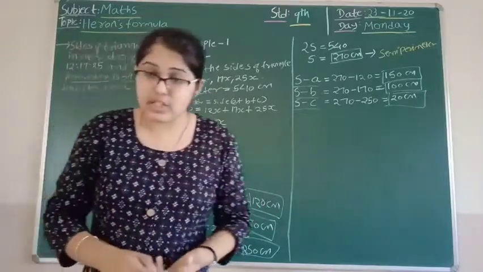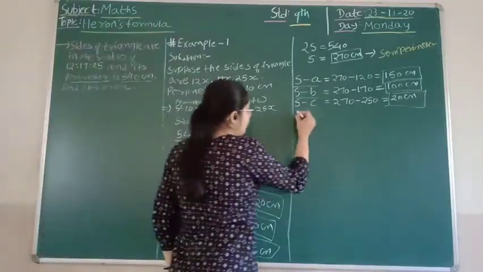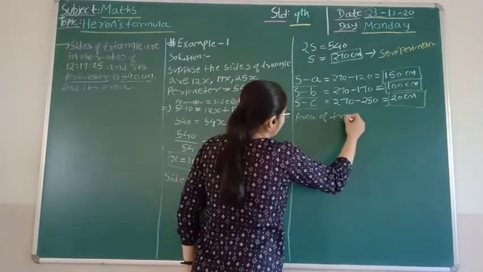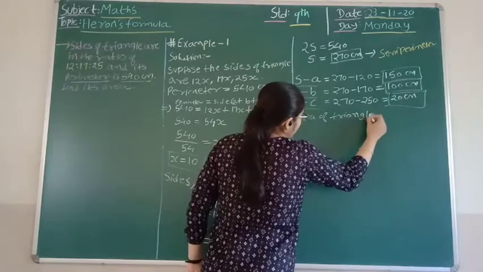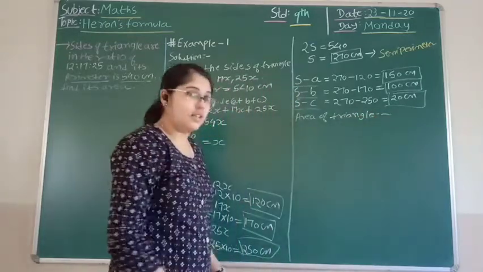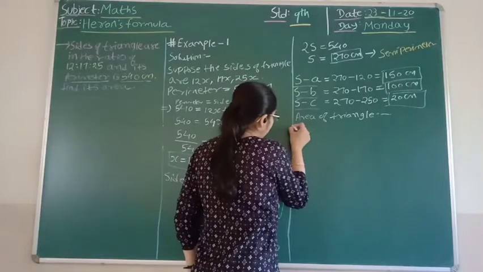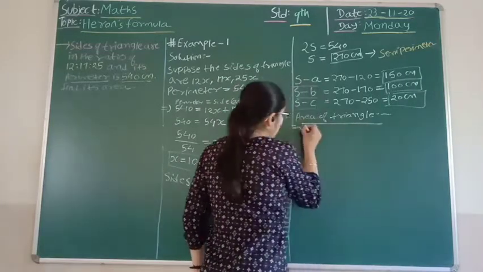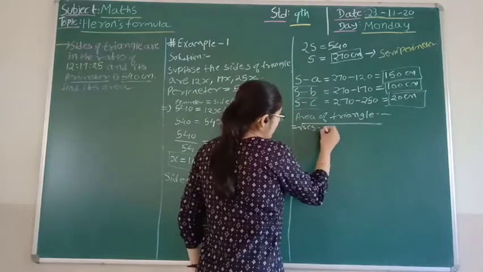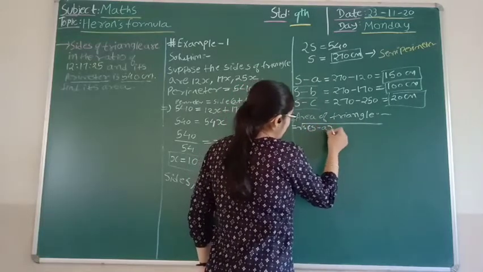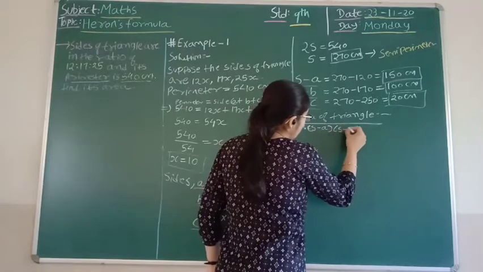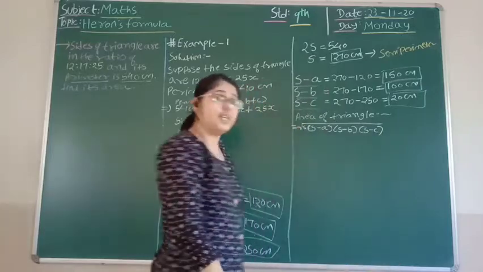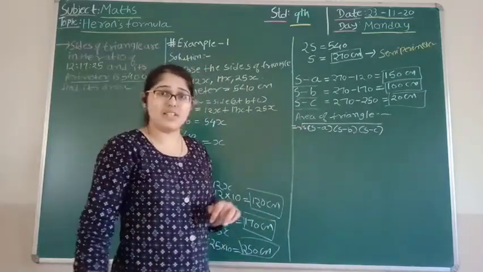And the given formula as we know is area of triangle is nothing but the square root of s into s minus a, s minus b, s minus c, and we know the value of s also.